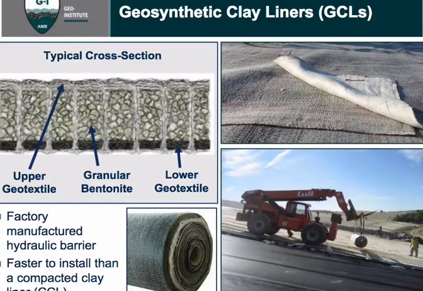Here I have 2 non-woven geotextiles, and so we end up with a product that's about 1 centimeter thick. We bring it out to the field, and we're able to unroll it and overlap it. The bottom right is a GCL roll being unrolled in the field in a cover, and the top right is the seams being overlapped to create a low permeability hydraulic barrier.